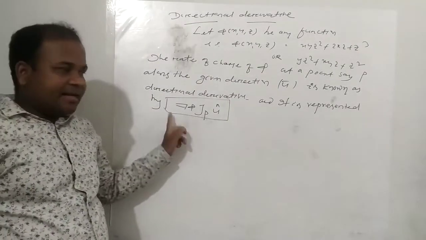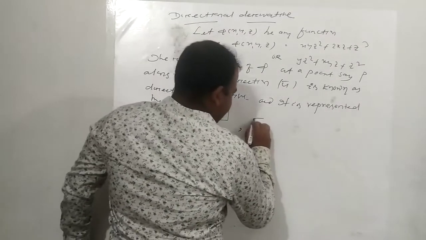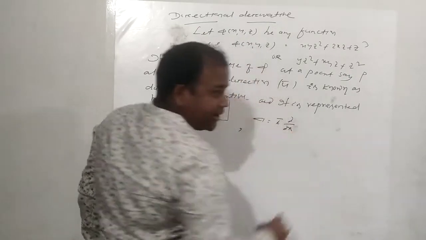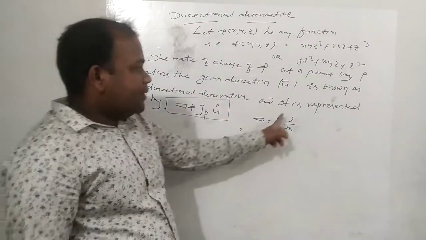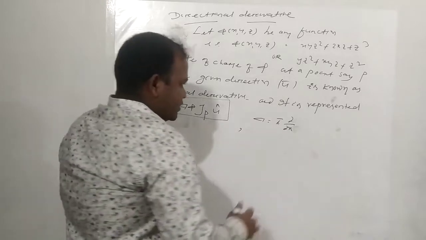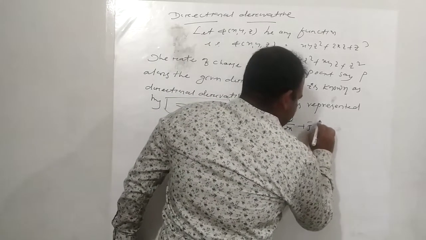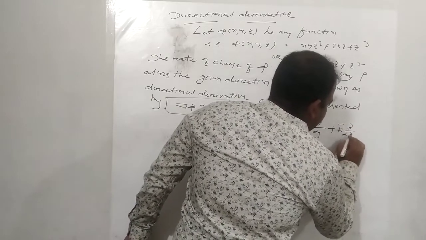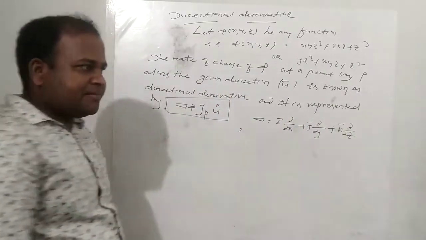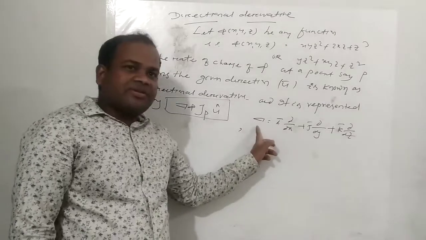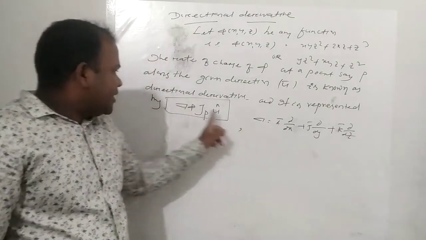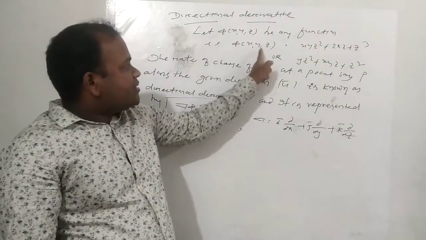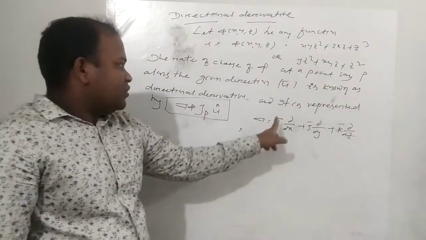Del phi: del means i dou by dou x, j dou by dou y plus k dou by dou z. This is known as the vector differential operator. Del phi, so phi of x, y, z is any function.